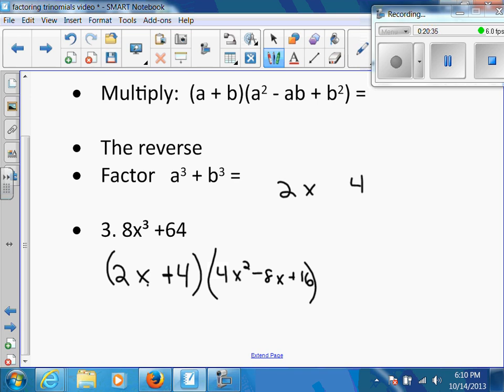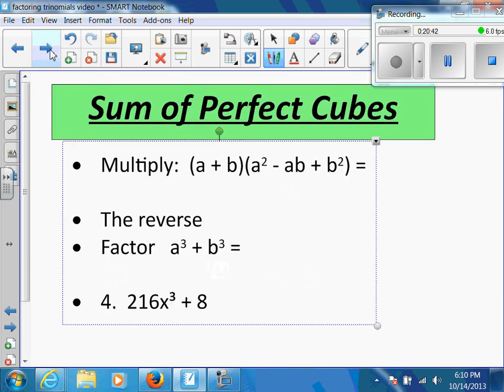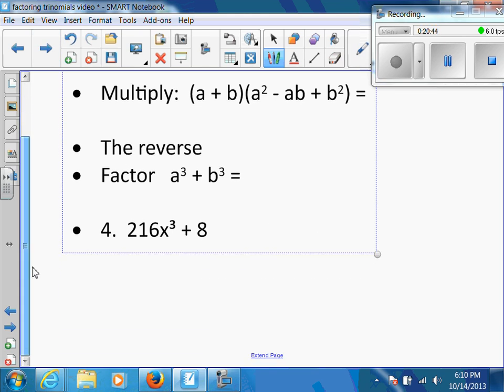Let's look at one more. First thing we need to do is take the cube root of 216. Cube root of 216 is 6. Cube root of x cubed is x. Now we take the cube root of 8, 2.